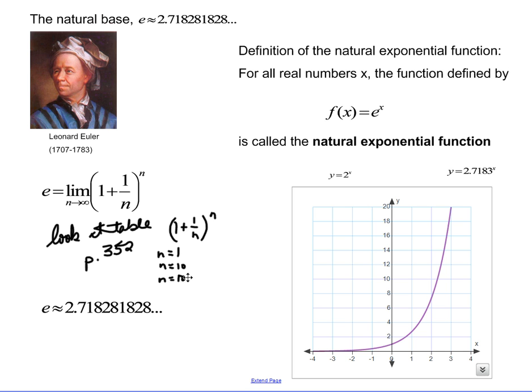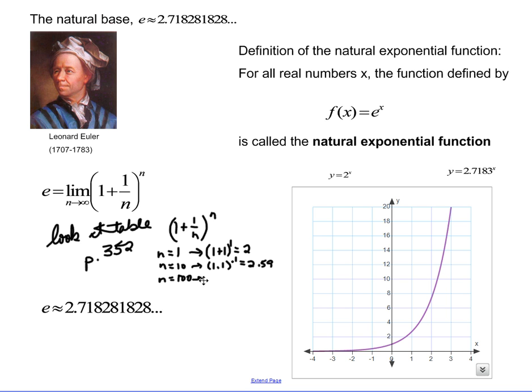For example, at n equals 1, you're taking 1 plus 1 over 1 raised to the first power. Well, that's 2. At 10, you're going to take 1.1 raised to the 10th power, and that ends up being more like 2.59 something or other.